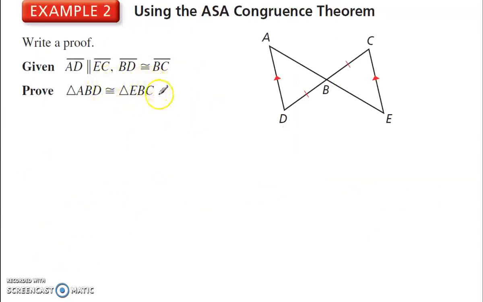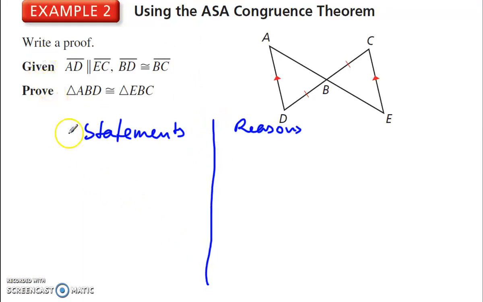Alright, I know how much you love writing proofs, so we're going to do that right now. Make sure you put this down in your notes. Here we go. Statements and reasons. We are given that AD is parallel to EC. That's given. One.